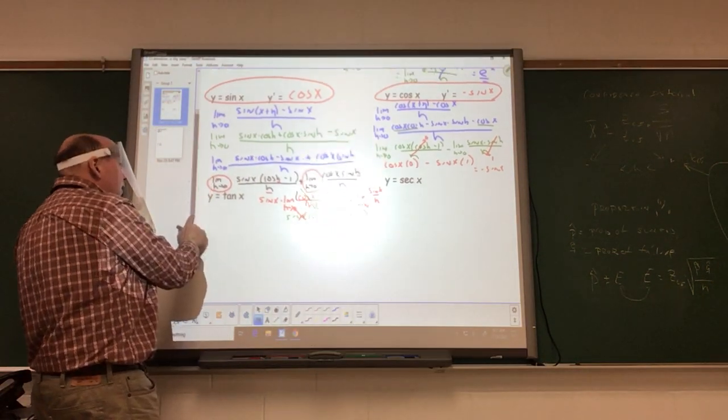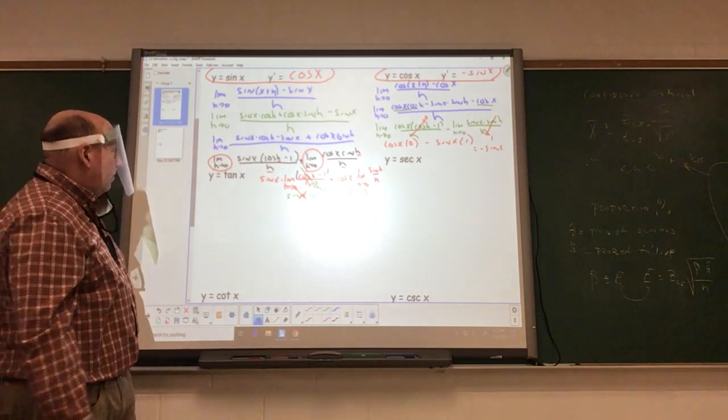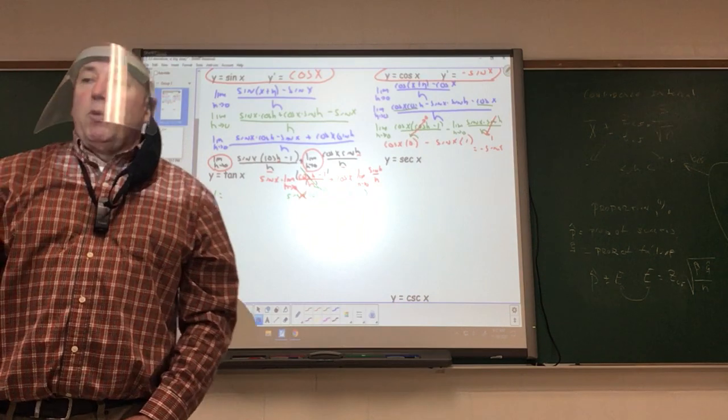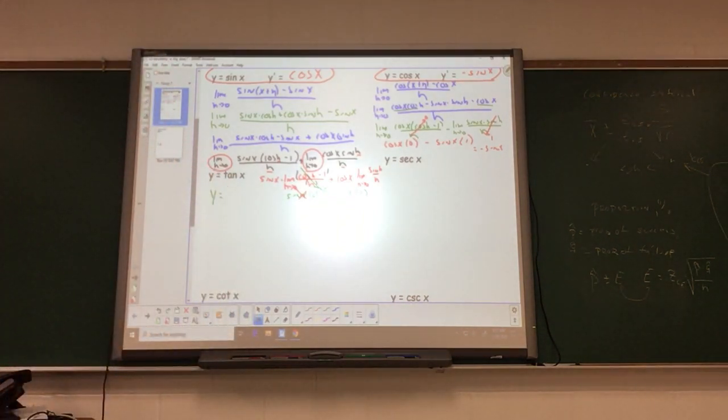Well, if we take a look at the tangent, we could, if we wanted to, run through limits, or we can think back to another fond memory of trig class. How can we rewrite tangent in terms of sine and cosine?